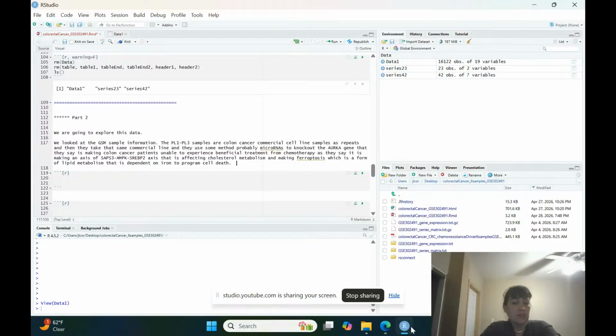Okay, so they are saying that the removal of AURKA will improve the chemotherapy effects in colon cancer patients.